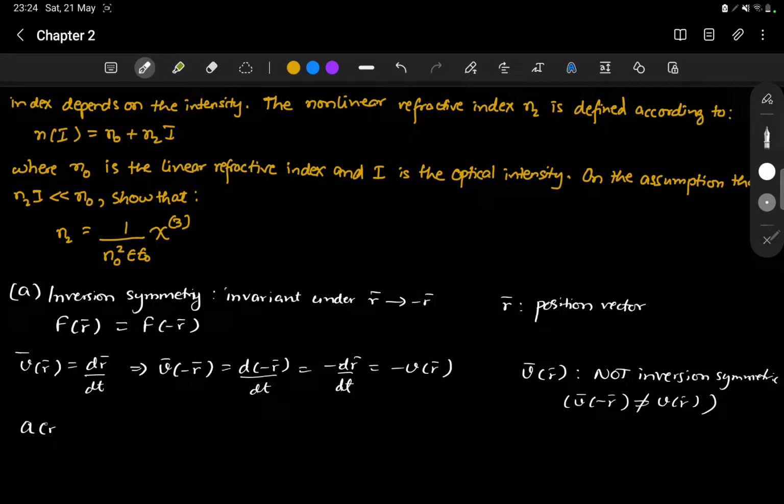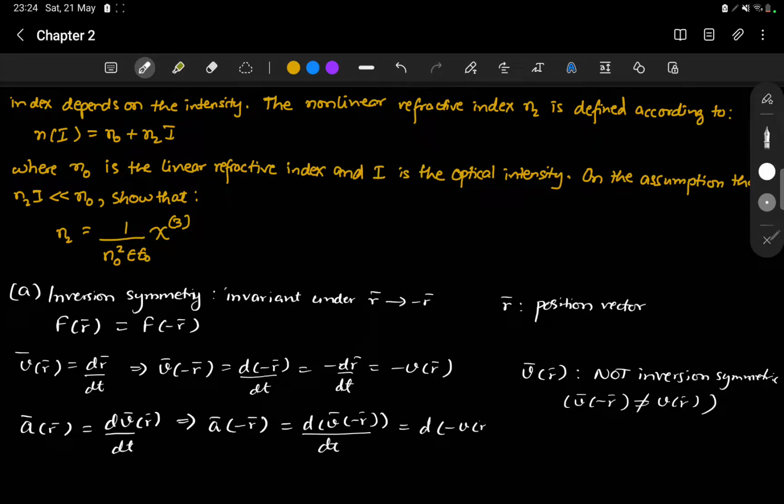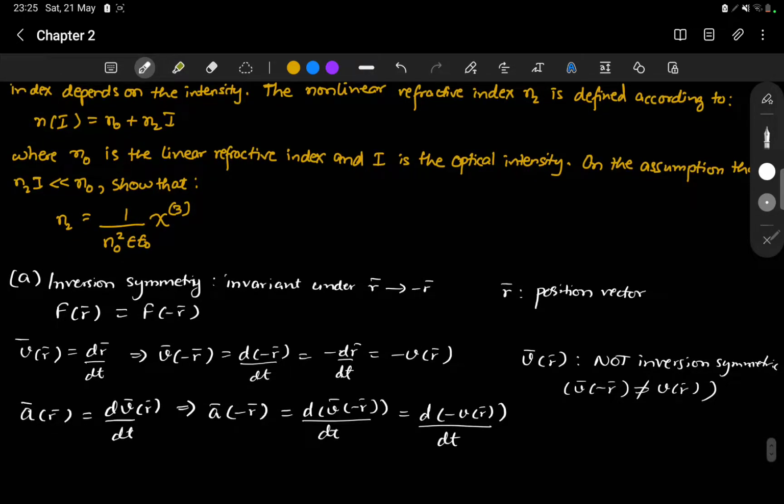Now the acceleration vector is the rate of change of the velocity vector. If we consider acceleration at minus r, this would be the following. From the above we know that v of minus r is minus v of r.